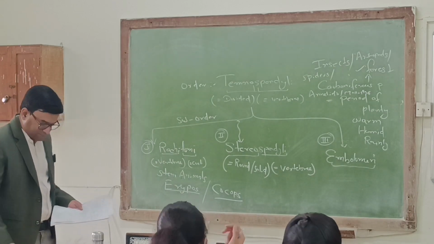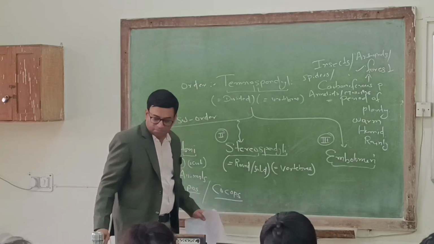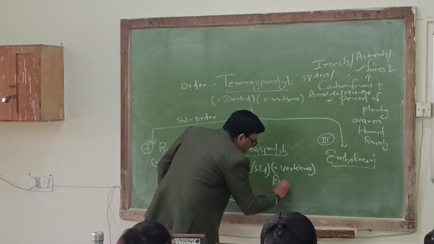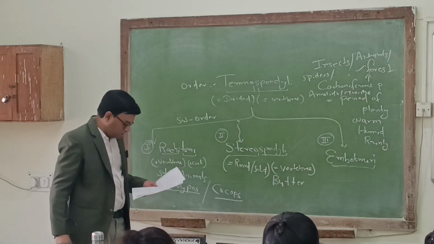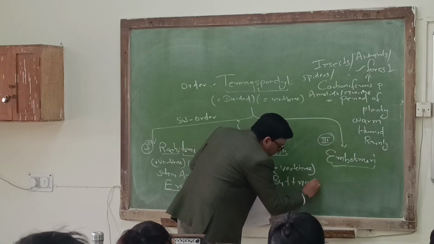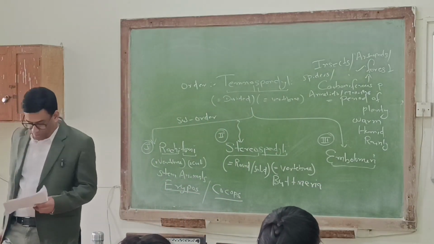And the example is, write down, Buettneria. You should remember each and every name. You have to write these names in the examination. Buettneria, B-U-T-T-N-E-R-I-A.